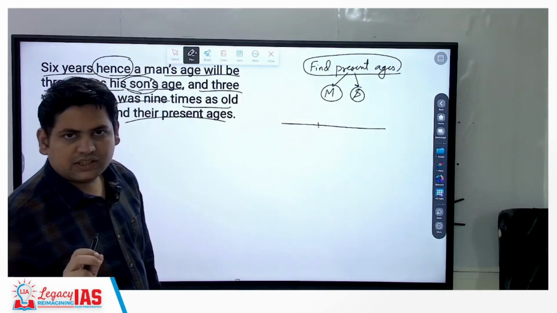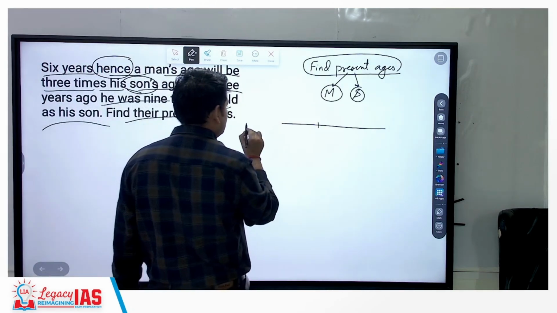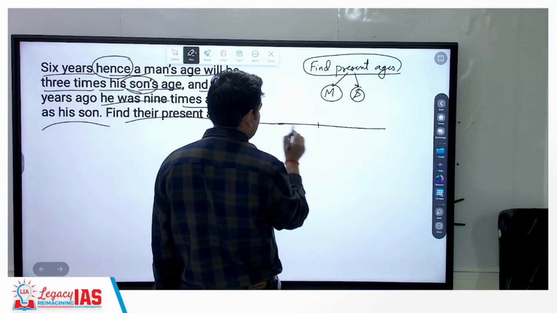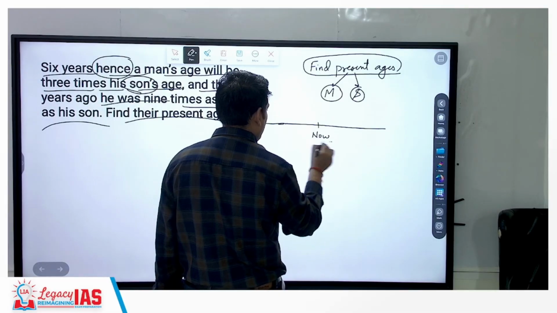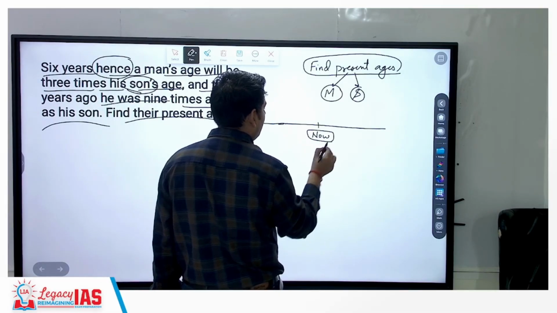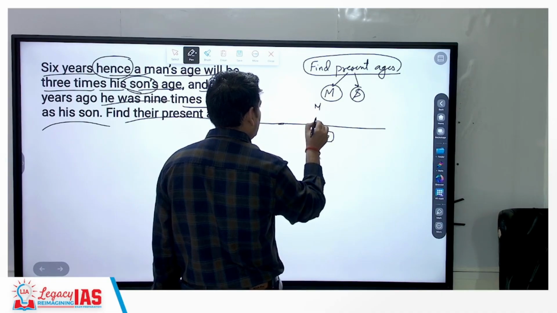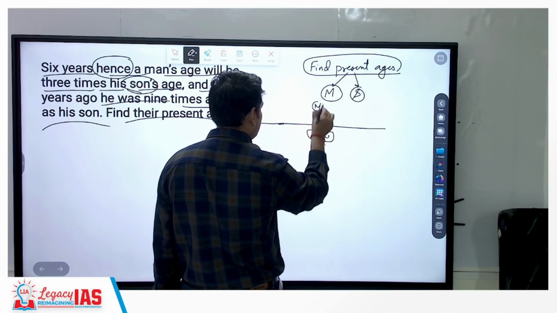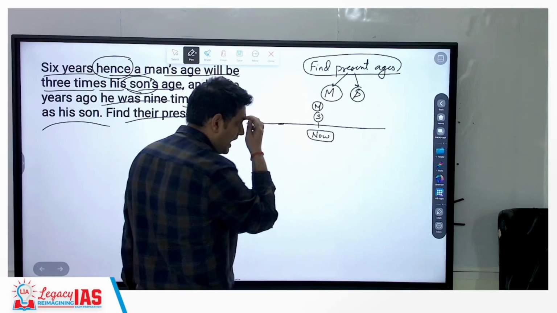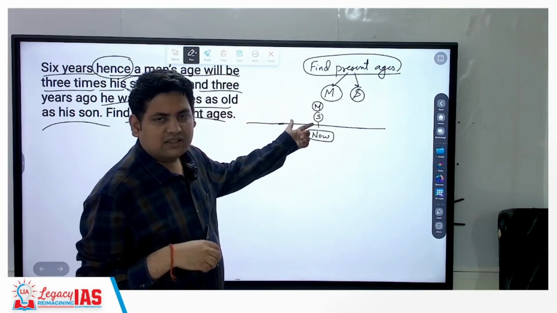Think in terms of a timeline like this. In age questions, this helps. So this is now, that means today. Today, their ages are m and s. Man has age of m and son has age of s.